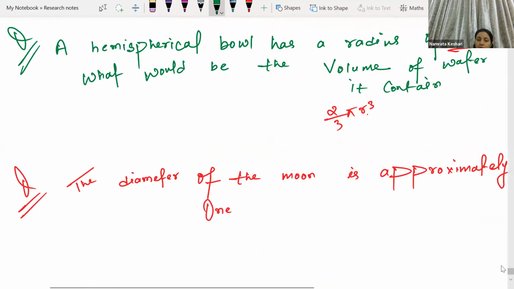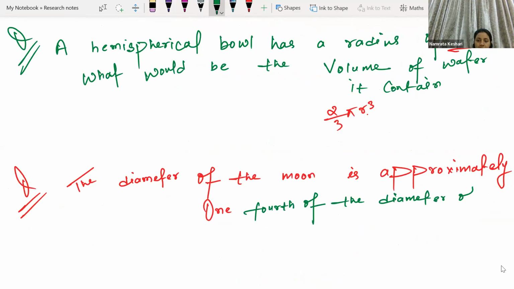The diameter of the moon is approximately 1/4 of the diameter of the earth.